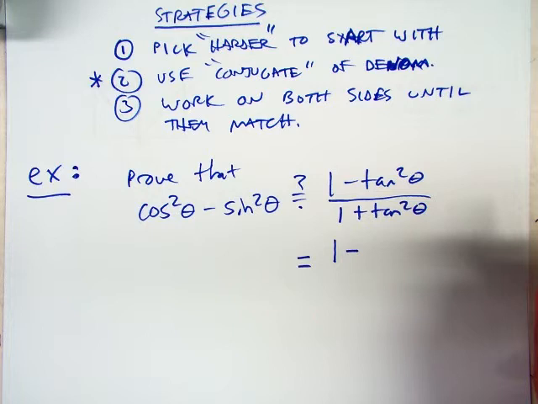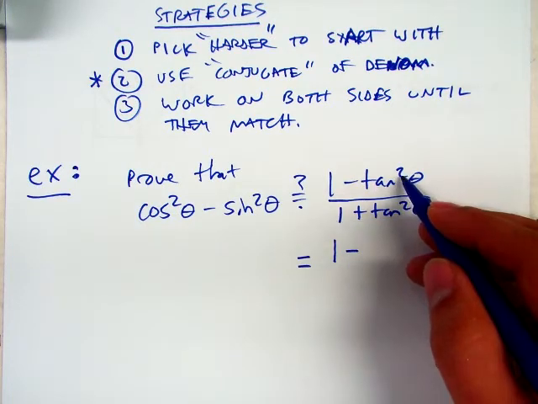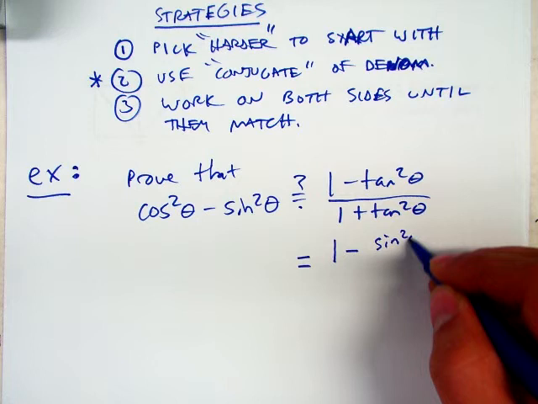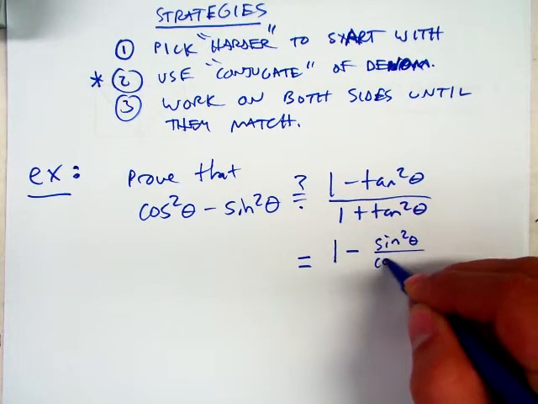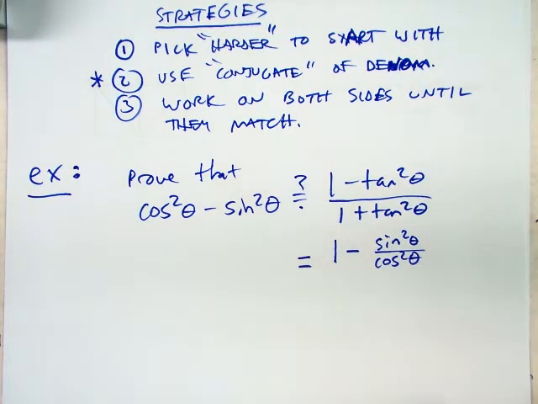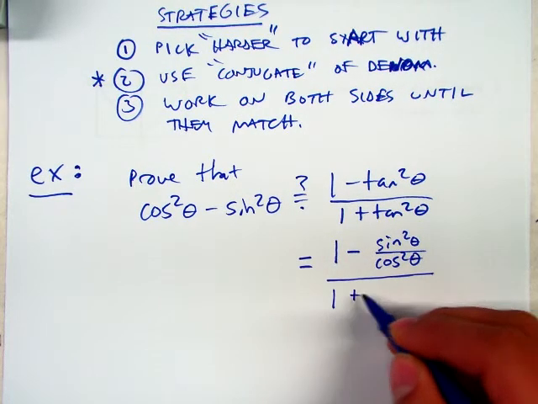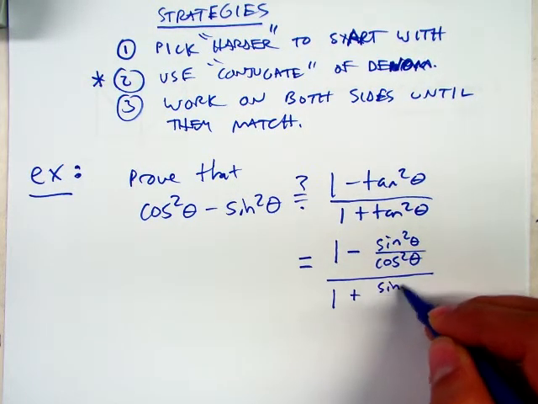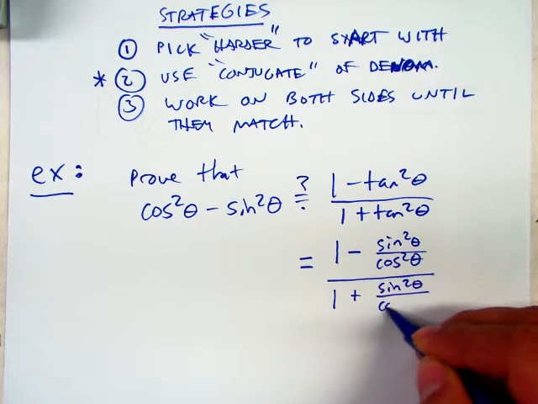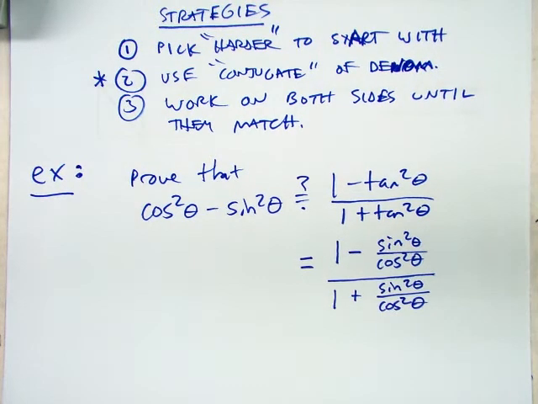Isn't it sine over cosine, and since it's squared, we'll do sine squared theta over cosine squared theta. Is everybody good with why we're doing that? Denominator? 1 plus? We just do 1 plus the same thing. All right? So that's the first step.